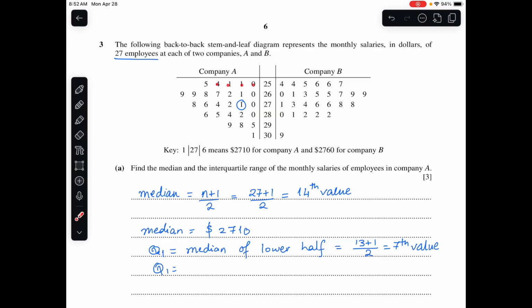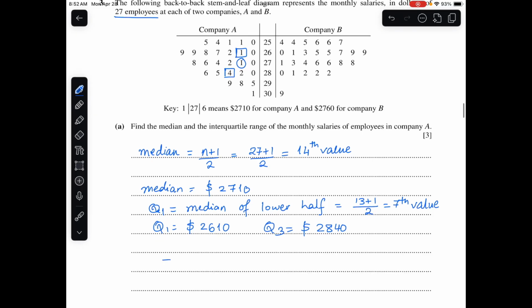1, 2, 3, 4, 5, 6, 7. So it's going to be this value over here, 2,610. And Q3 is going to be the 7th value after the median. 1, 2, 3, 4, 5, 6, 7. So it's going to be this value, which is 2840.